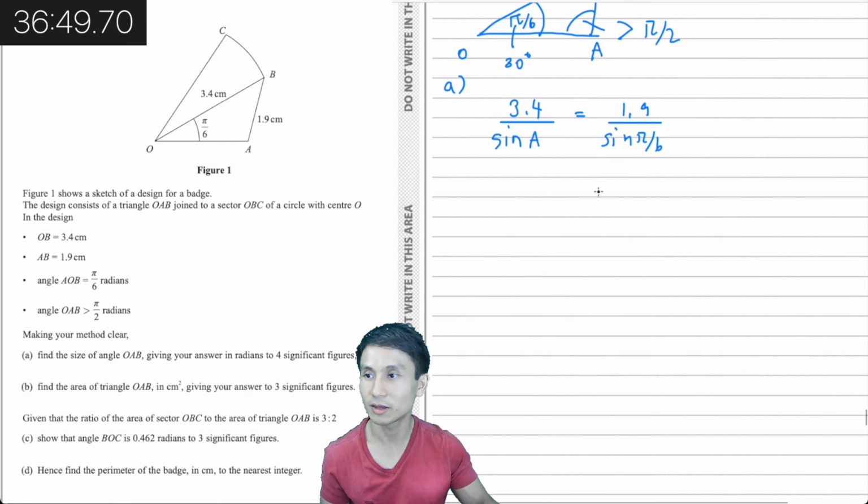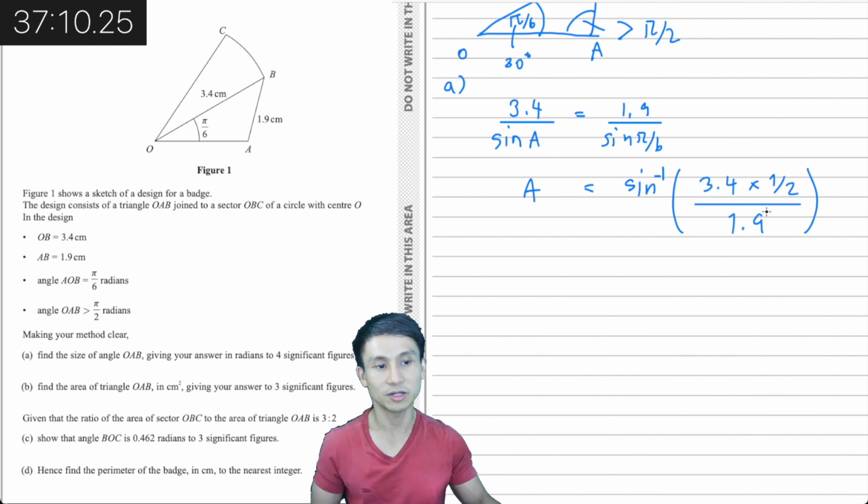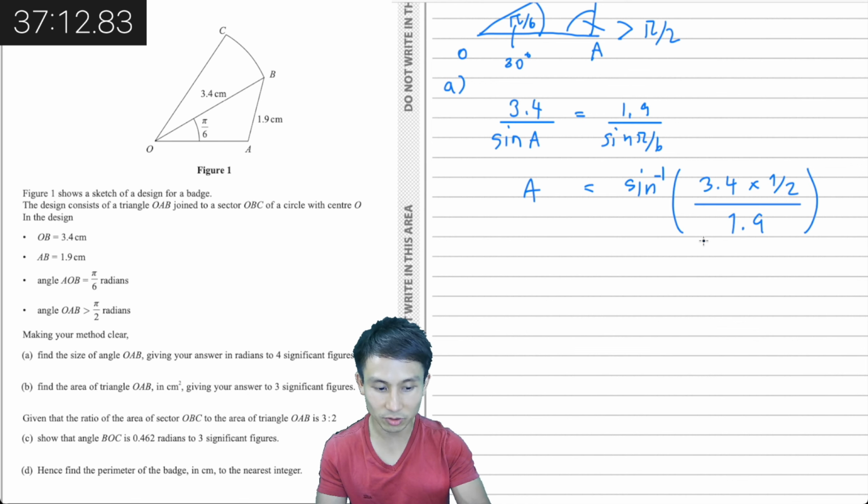If you rearrange everything, I'm going to do arc sine, and you multiply 3.4 with sine pi over 6. Sine pi over 6 happens to be sine 30, which is 1 over 2, and divided by 1.9. You should try this if you don't agree with the derivation here. So angle A, I'm going to do arc sine, and the answer should be in radians. It's in radians already, so arc sine of the fraction, 3.4 times 0.5, divided by 1.9.